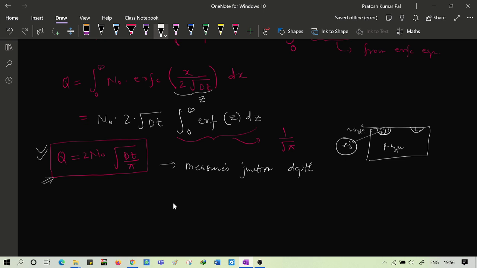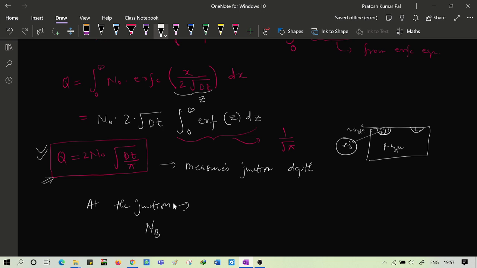We will see how it is going to measure the junction depth. At the junction, at the boundary, we have the concentration of dopant as nb.